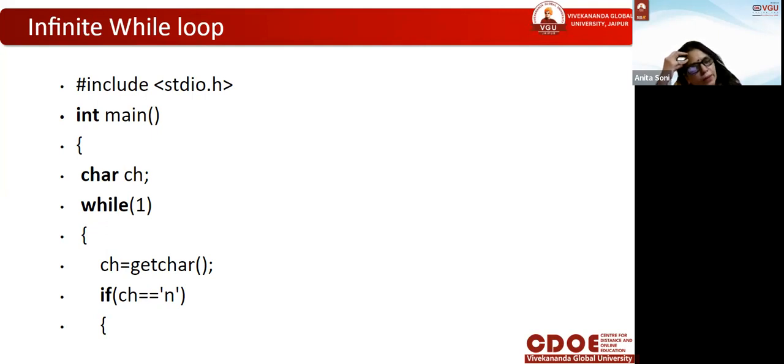The infinite loop is terminated when the condition is evaluated by comparing the variable ch with the character n. Until you enter n, this loop will execute forever. When you enter n, you will come out of the while loop.